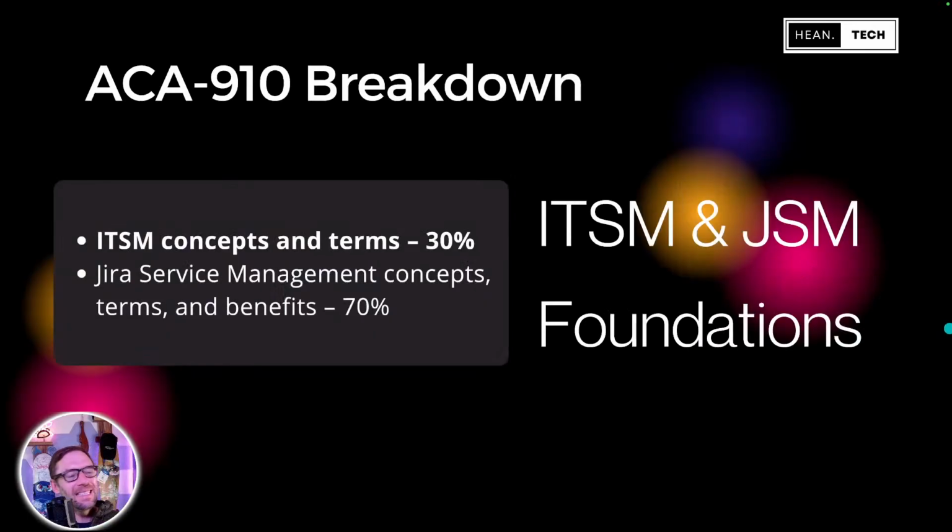Now, the ACA-910 is the designation for this exam. I mentioned there's a lot of ACAs, so if I mention the wrong number, the one we're talking about is ITSM and JSM Foundations. The exam is broken into two parts. 70% of this exam relates to Jira Service Management. So that's why 75% of our sessions will cover it. The other 30% is around ITSM concepts and terms. These are important because they will help you understand why Atlassian built Jira Service Management, or JSM, the way they did.